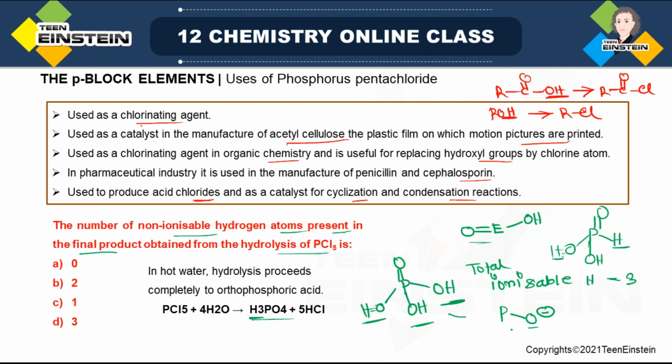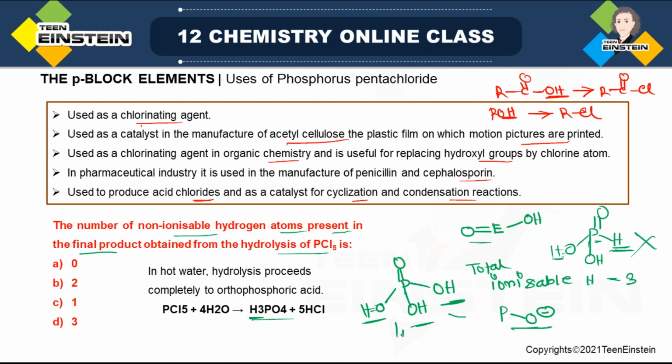That is why ionization is possible, that is H plus and O minus. But phosphorus is not as electronegative as oxygen. So here you cannot expect ionization like P minus H plus. That is why this hydrogen is not ionizable.